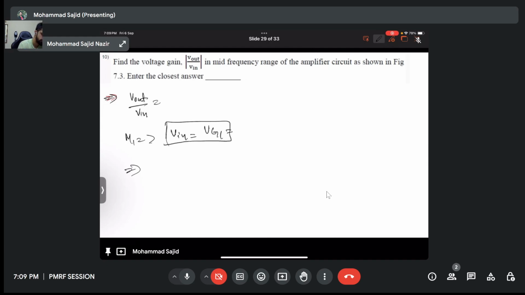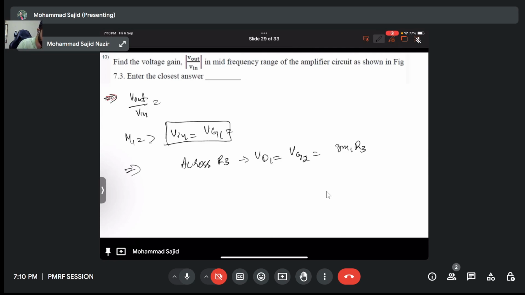If this Gm is Gm1, then across R3, that is the drain terminal, that is VD1, which will be VG2. So it will be given by Gm1 into V input, which is the current flowing through the transistor.